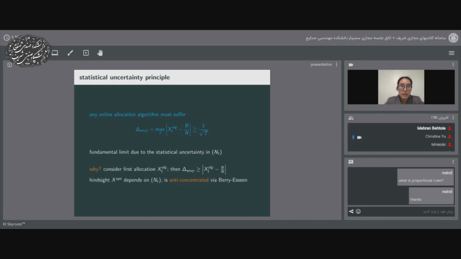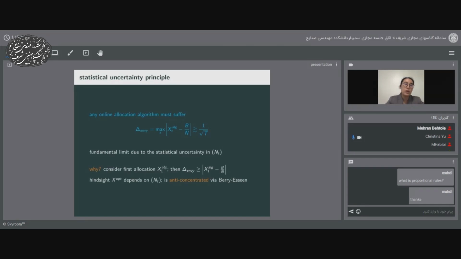Berry-Esseen is a result that says if you have a sum of random variables, it characterizes the convergence to a Gaussian-like distribution.